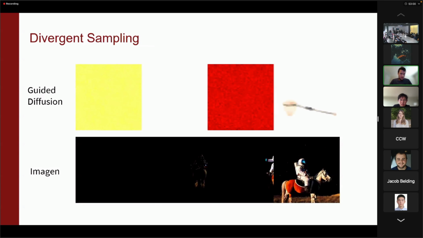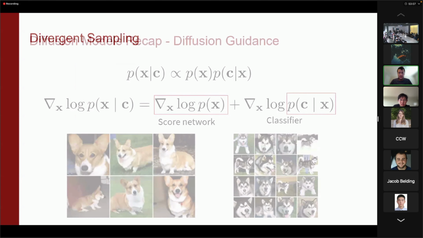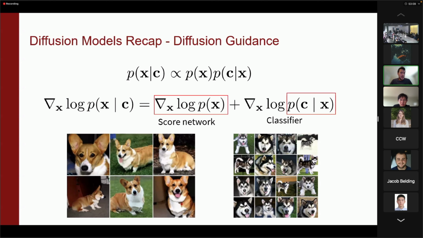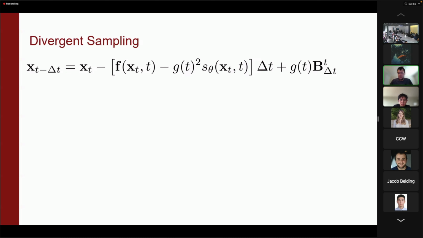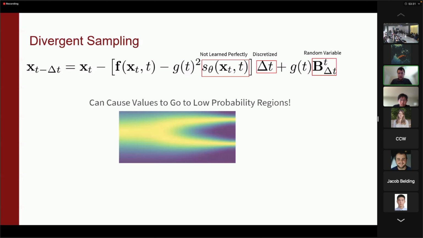Sometimes the diffusion model produces these really bad samples if you just naively apply this kind of technique. And the reason is that there are approximations involved. Whenever you're trying to solve this reverse-time stochastic differential equation, you're replacing the true score with an estimate, and you're also discretizing the time dimension because we cannot work with continuous time. And both of these things introduce errors.